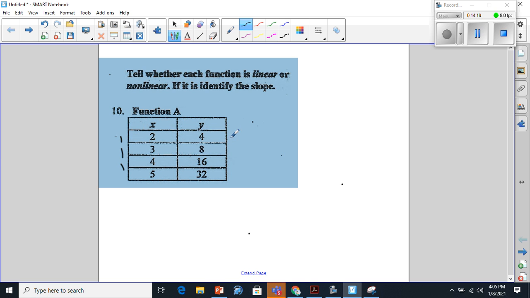Over here we increase by 4 on this one, by 8 on this one, and by 16 on this one. This, in fact, is not going to give us a linear function. Look, our first one is 4 over 1. Our second one is 8 over 1. And our third one is 16 over 1. These are not equal to each other.